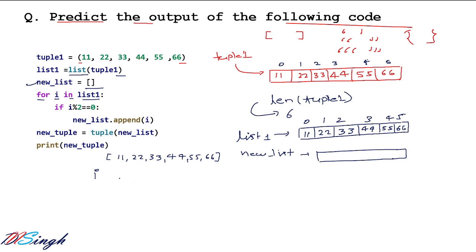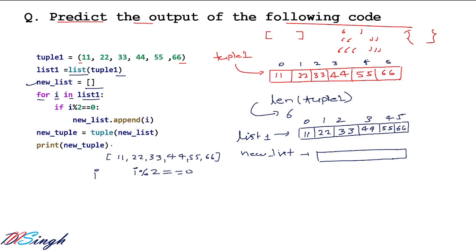Then we have a condition here, i mod 2 equal to 0. If i mod 2 results in 0, then an operation is going to be performed, and that is the appending operation.